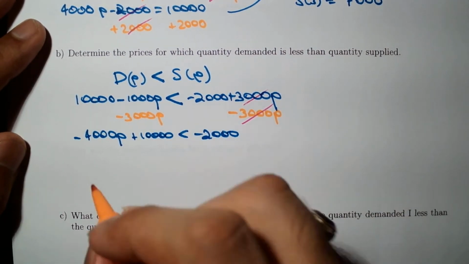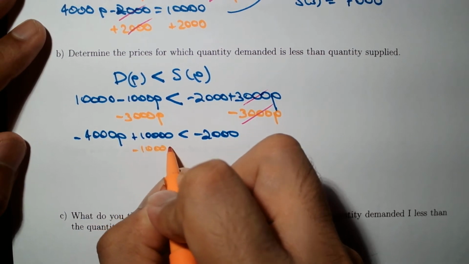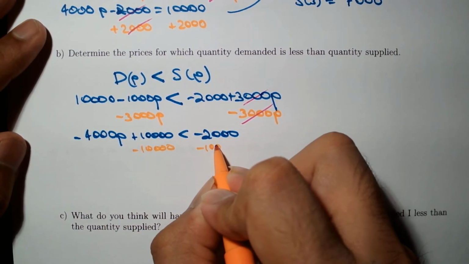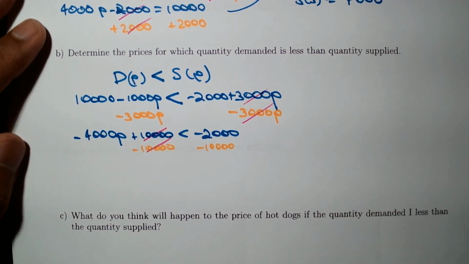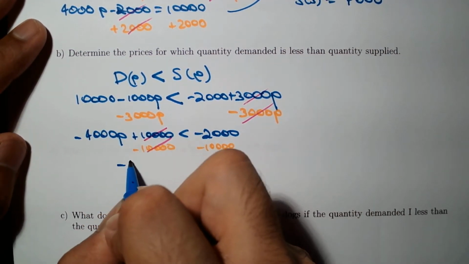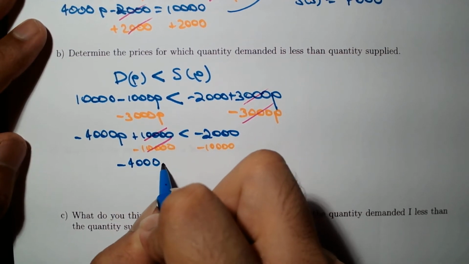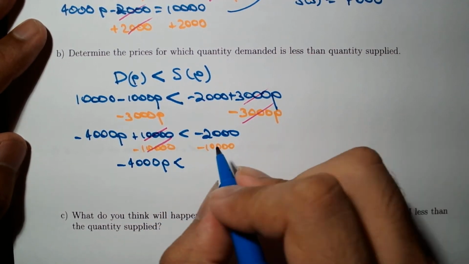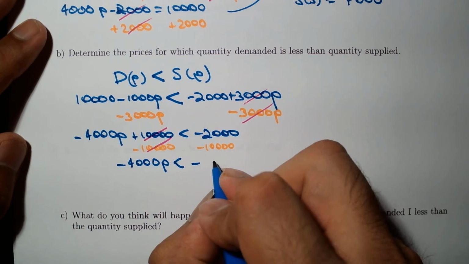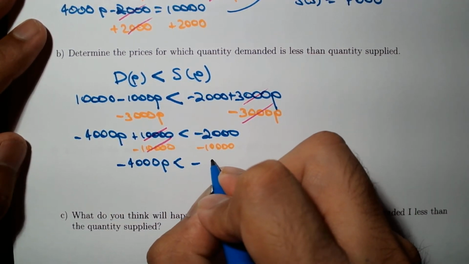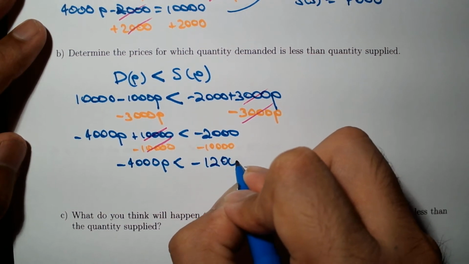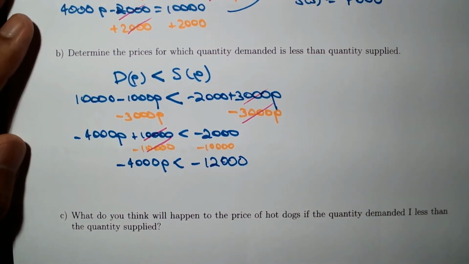And then we are going to subtract 10,000, and negative 4,000 P is less than negative 12,000. Basically, we're doing the exact same operations that we did in the previous part.